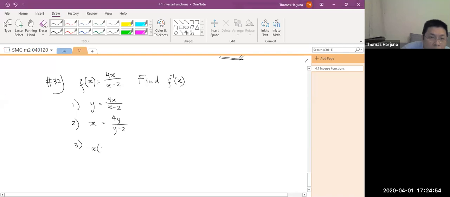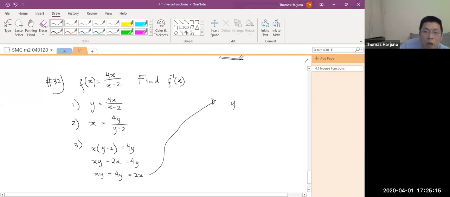So x times (y minus 2) equals 4y. xy minus 2x equals 4y. xy minus 4y equals 2x, and continue here, y times (x minus 4) equals 2x, so y equals 2x over (x minus 4).